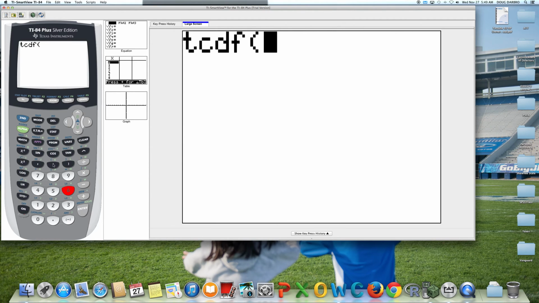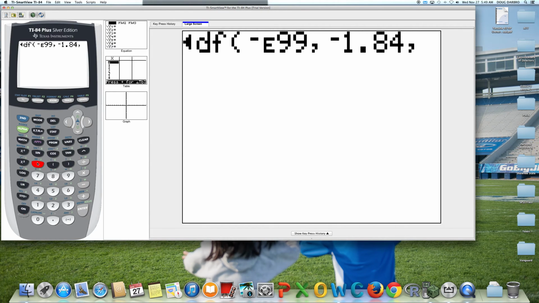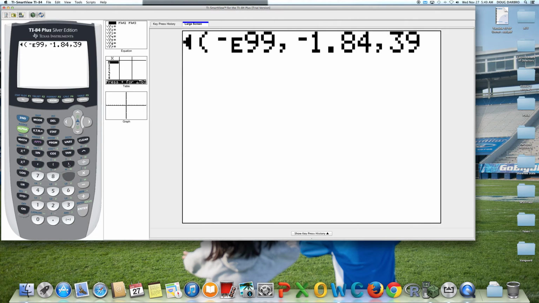And I need to go negative infinity up to negative 1.84. And remember, these distributions are a function of degrees of freedom, so we have 39.